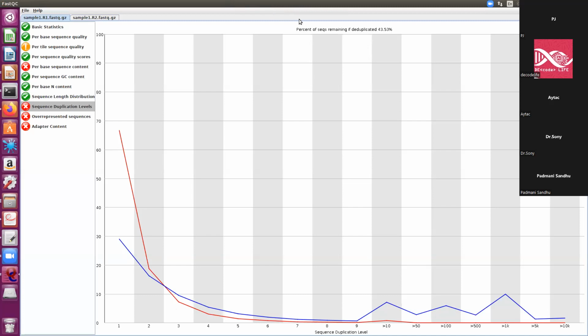So I feel that there is no issue in this. There is not a very high issue. It has been indicated with a cross here because it finds a very ideal state. A little bit of sequence duplication is there in the total sequence and the deduplicated sequences. There is a little bit of a hump at places. That's why it gives you the red curve, the cross.